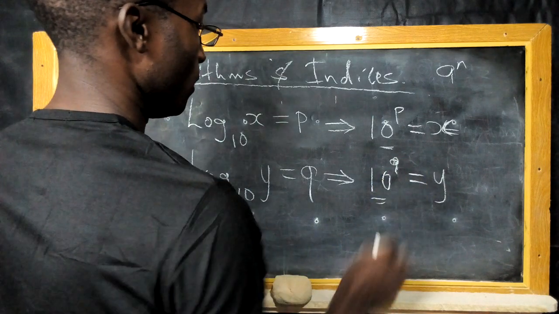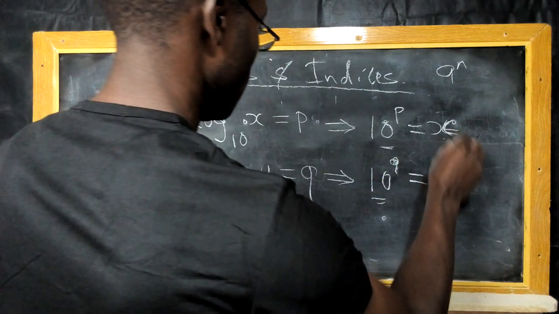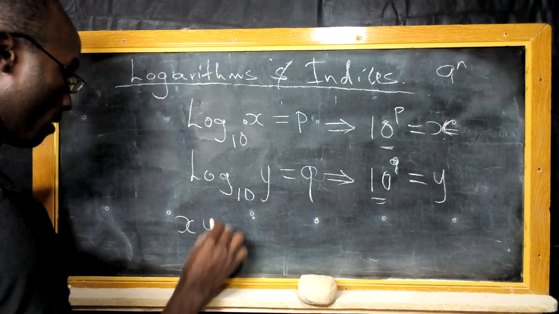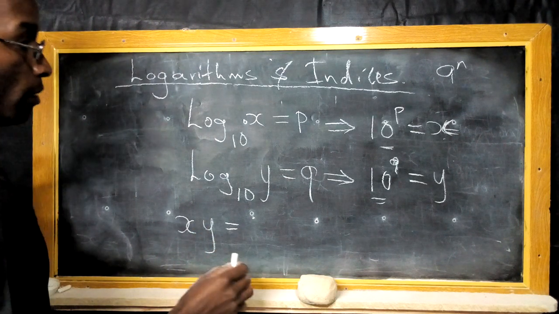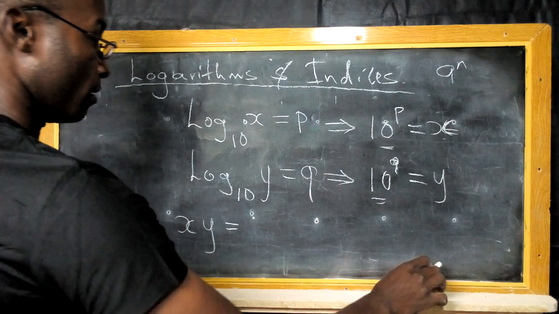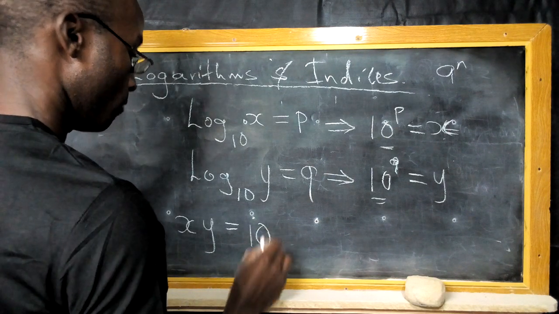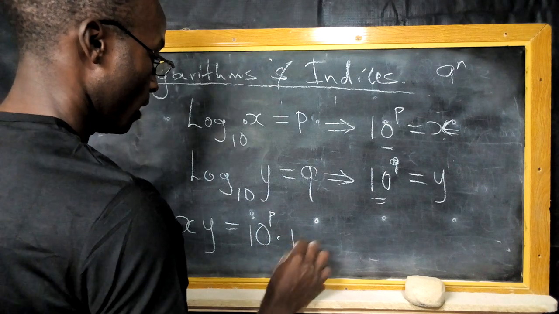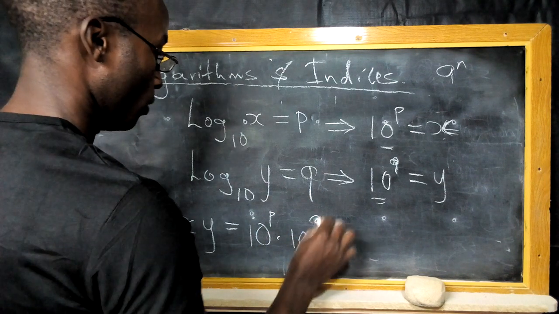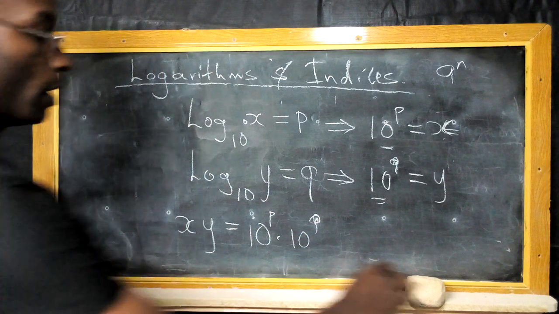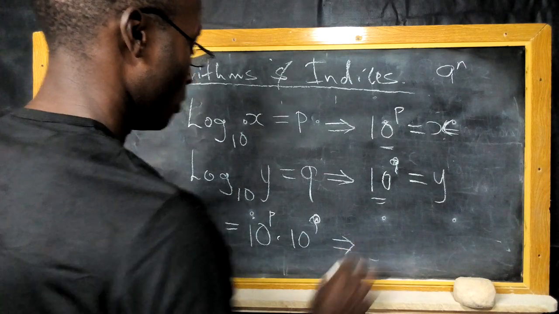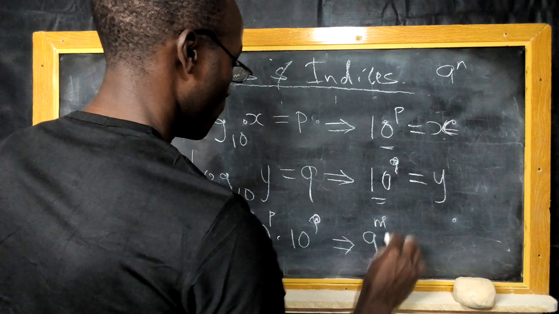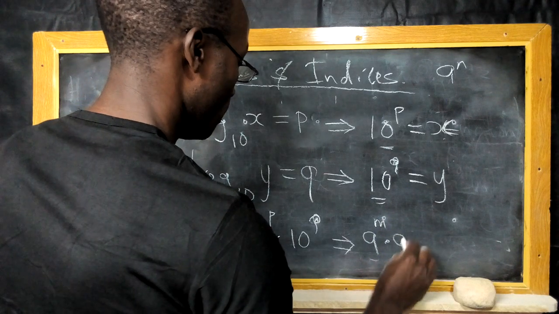Then suppose we have the product of x and y, which is x times y. In terms of the indices, that will be 10 raised to power p for x times 10 raised to power q for y. This is similar to the expression a raised to power m times a raised to power n.